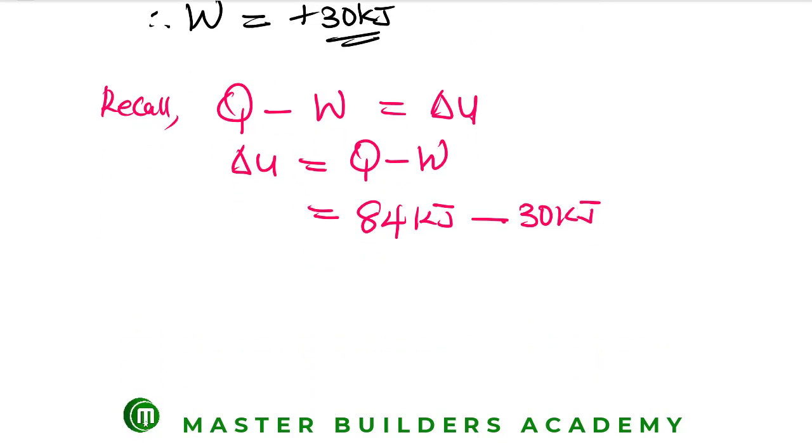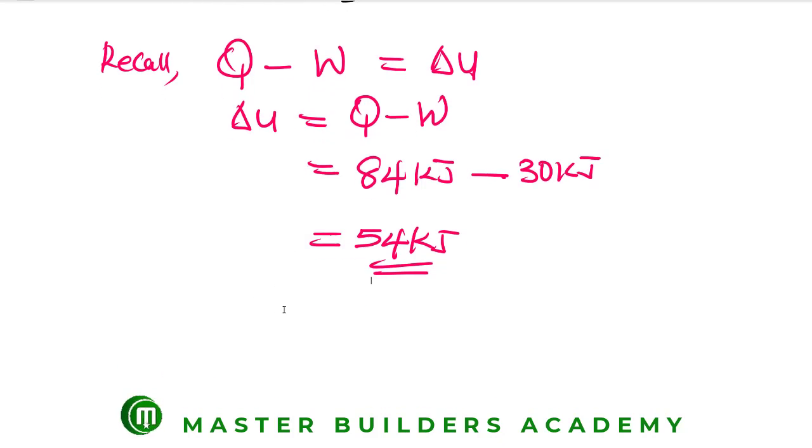When we remove 30 from 84, our answer becomes 54 kilojoule. This is the answer to this very question.